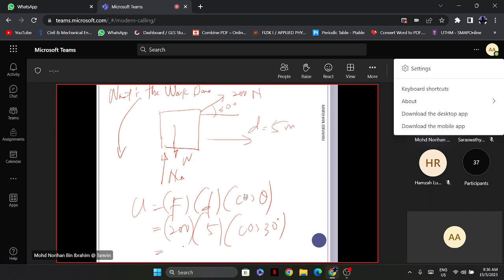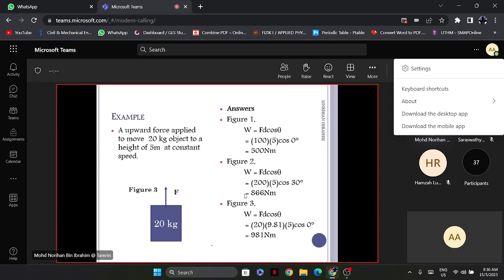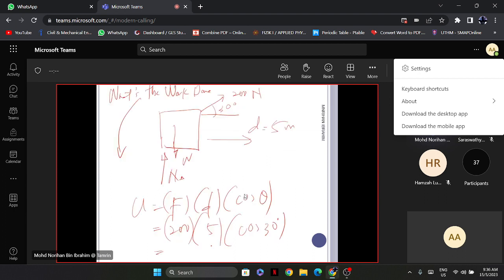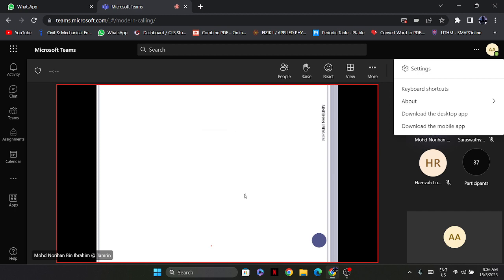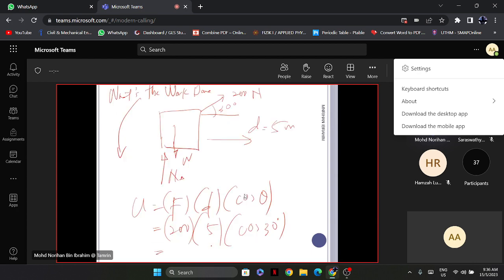Jawapan dia adalah 866 Newton meter. So U is equal to 866 Newton meter ataupun 866 Joule.